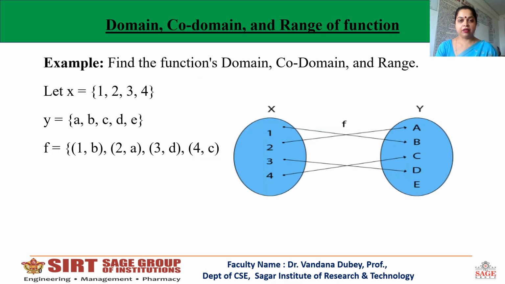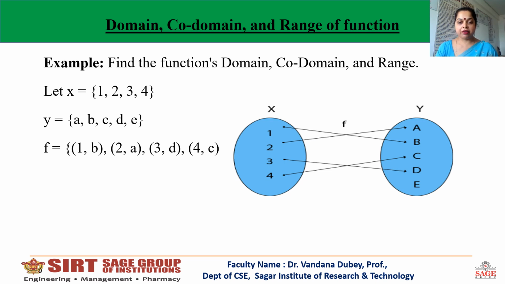Here we can see the concepts through one example. There is one function defined from set X to set Y. Function f is defined from the elements 1, 2, 3 and 4 of set X towards elements a, b, c, d and e of set Y. Now we have to find the function's domain, codomain and range.